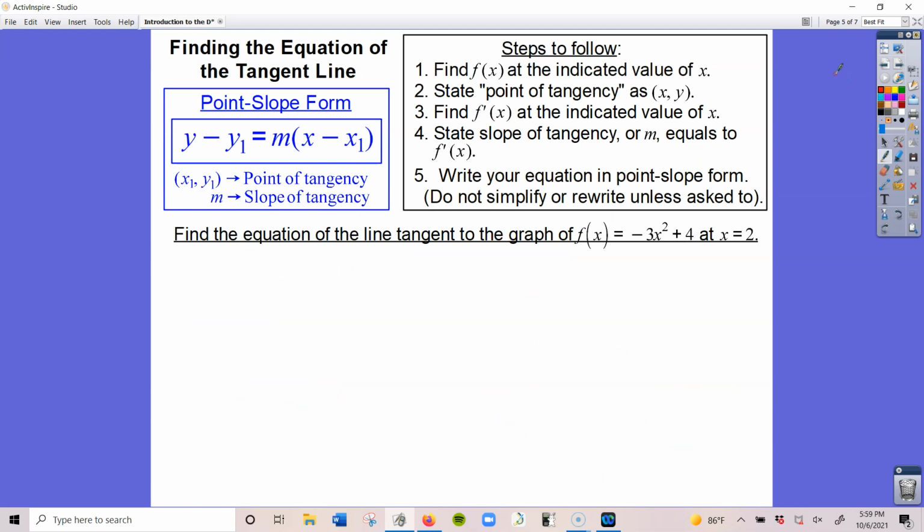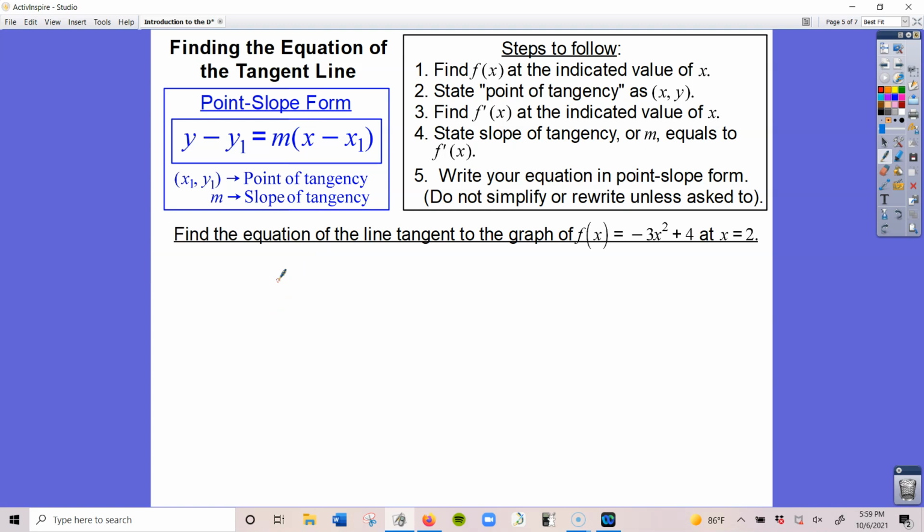Now we're going to take it a step further. We figured out how to find the derivative, which is the equation to get the slope of the tangent line. But one of the most common questions in calculus is to find the equation of the tangent line. So we want the equation of the line.